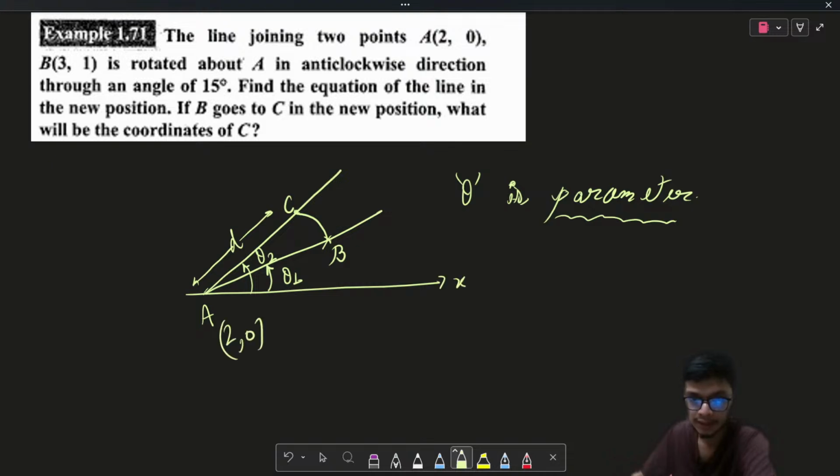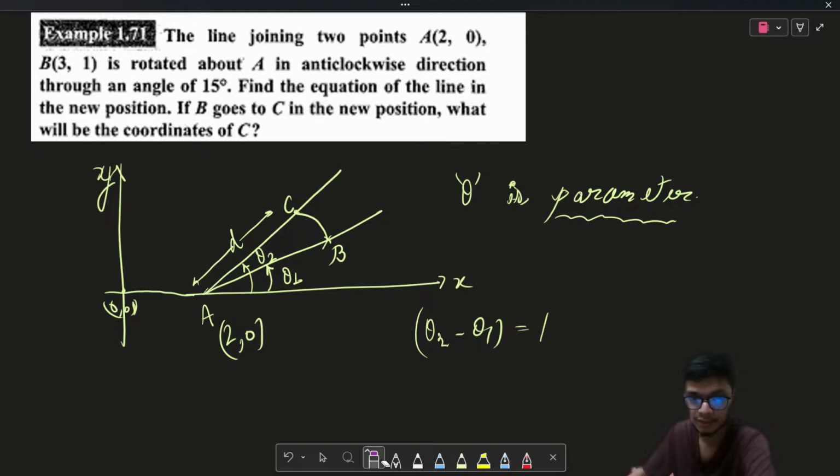It is lying on the x-axis, so somewhere here I will have the origin, and theta 2 minus theta 1 is given as a 15 degree angle.